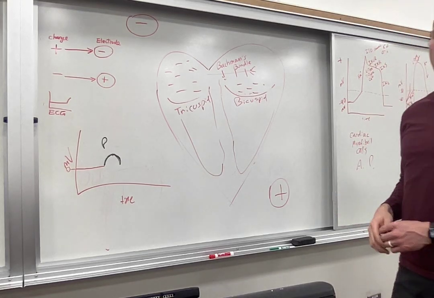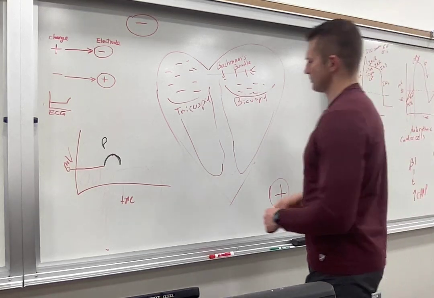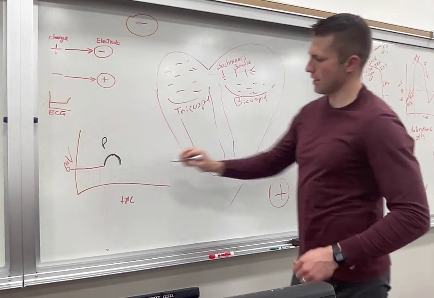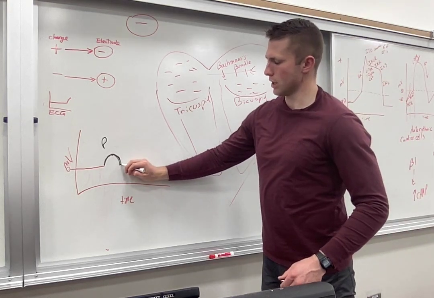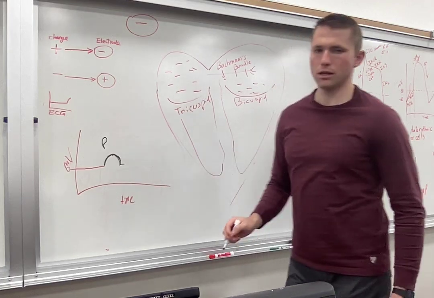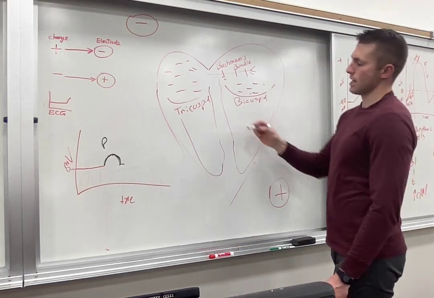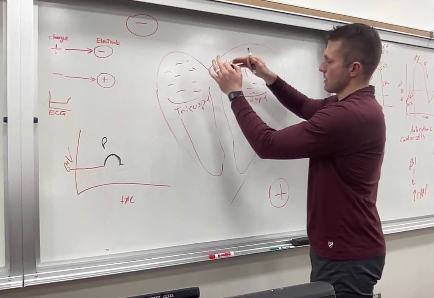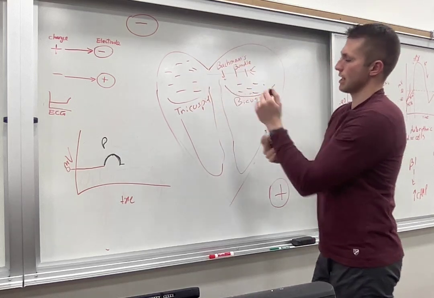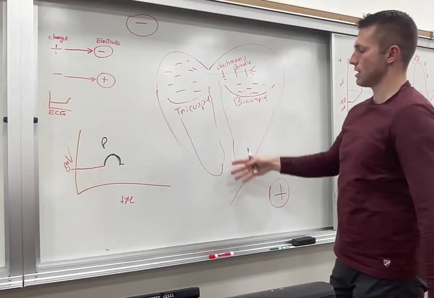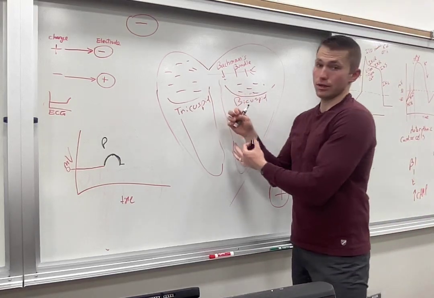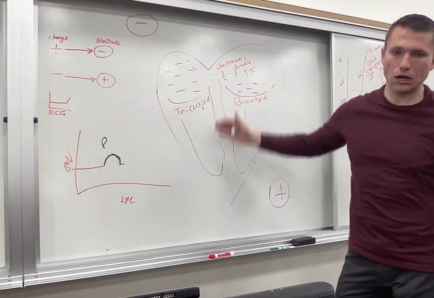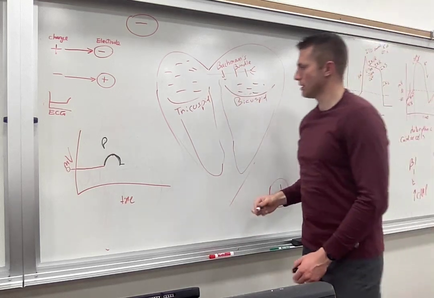Now we have a moment of time where it's just still chill. Then the AV node, the bundle of His, these bundle branches are going to send this action potential that just occurred down to the rest of the heart.